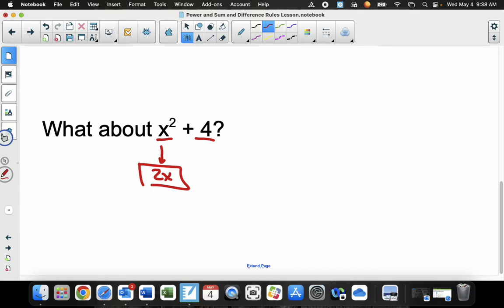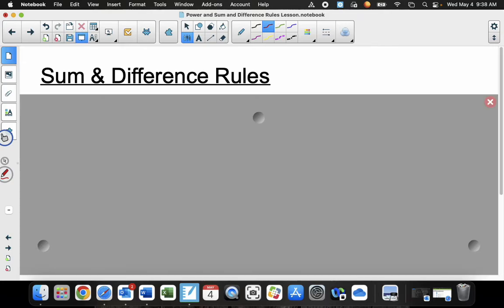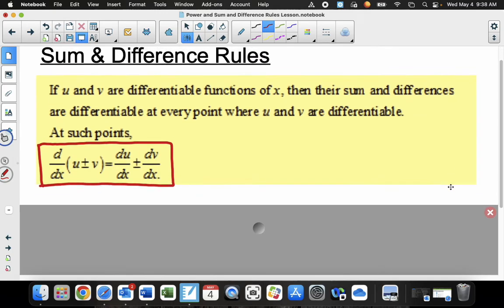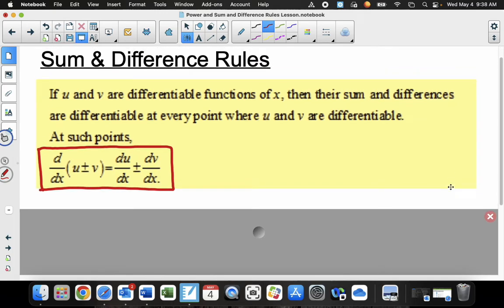We just did something as well, by the way, that talks about another rule. It's a very straightforward one. I'm going to give you the rule, though, just so you have it. They're called sum and difference rules, and here's all this is really saying. Here's your mathematical definition. You don't need to write all this other stuff down.